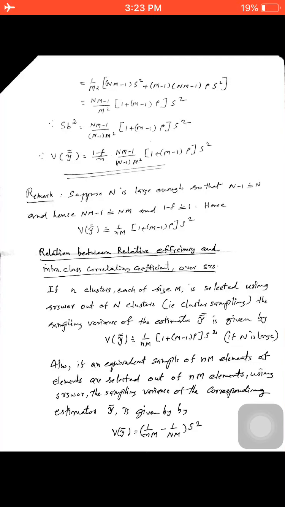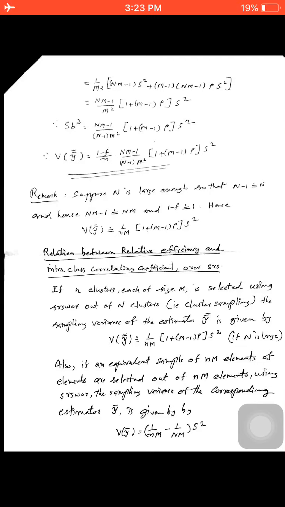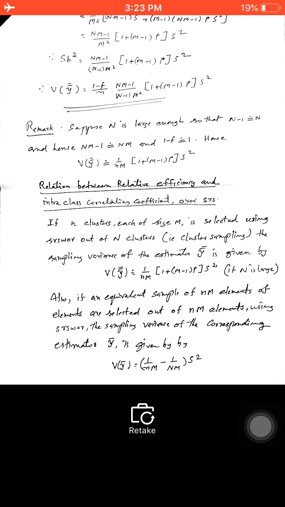Now, here we shall discuss the comparison between simple random sampling and cluster sampling in terms of their efficiencies. And we shall discuss two expressions for relative efficiencies.